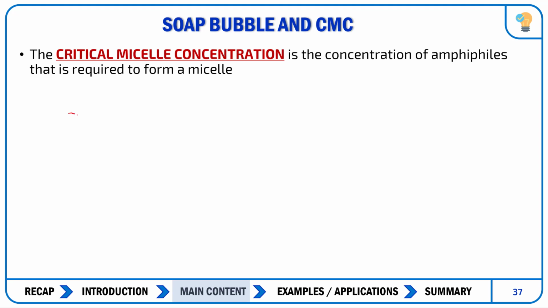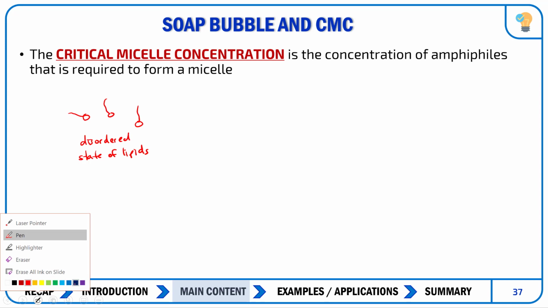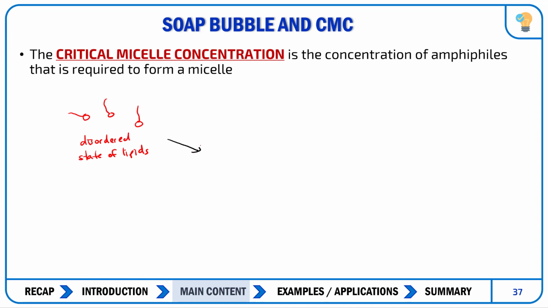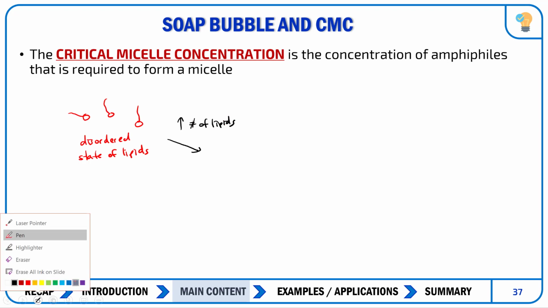So let's say you have 3 of these amphiphiles floating around, and this would be what we would call a disordered state of lipids. And maybe at some point you end up with more of these lipids, increasing the number of lipids in the solution so that it becomes more saturated.